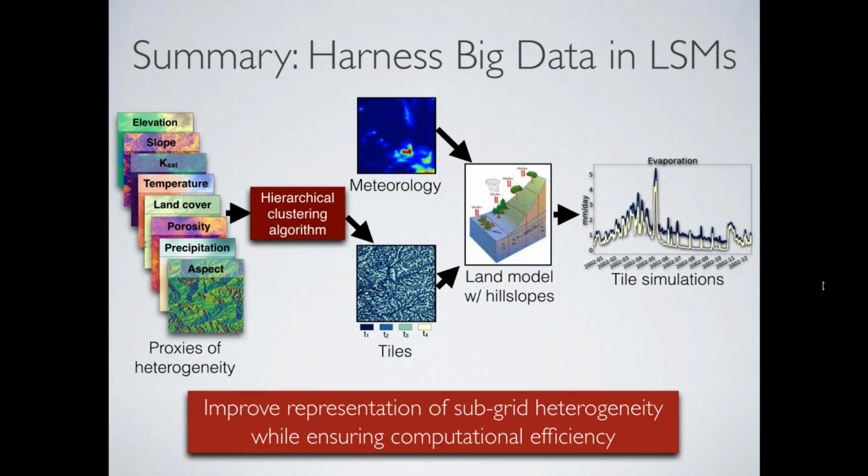So k-means clustering is effectively, let's take the hill slope case. In this case, you might have like 6,000 hill slopes for that grid cell, and then I compute the average properties for each of those hill slopes. So I have an n by m array, where n is the number of hill slopes and m is the number of properties. K-means is just trying to group them so that the mean of the cluster groups them as close together as possible.